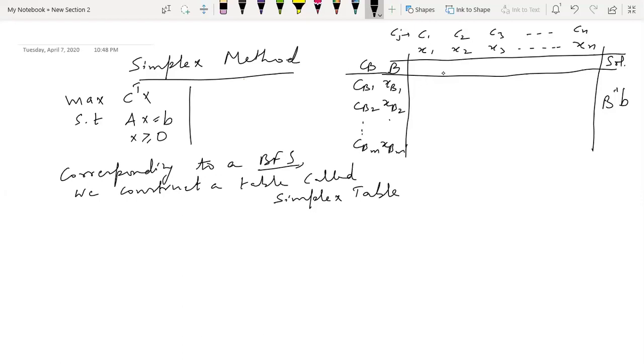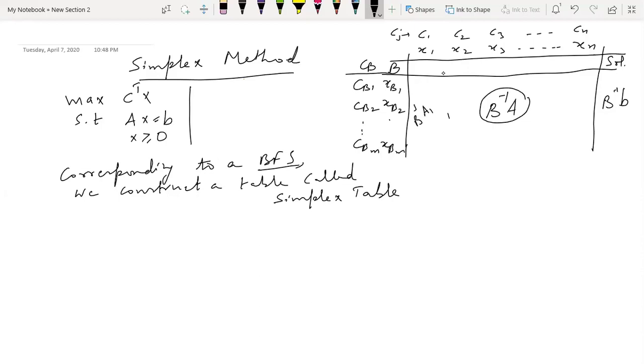Then the main body of this table contains columns corresponding to each variable. This whole structure which we are writing here is basically my B inverse A. In particular, for my first column, I am calculating B inverse a1.